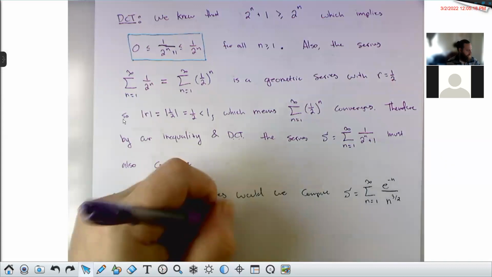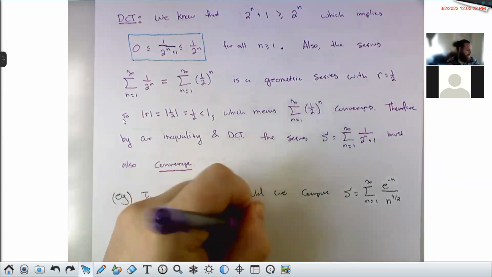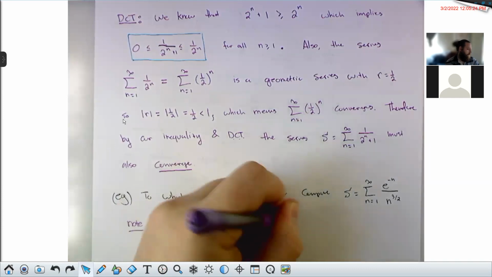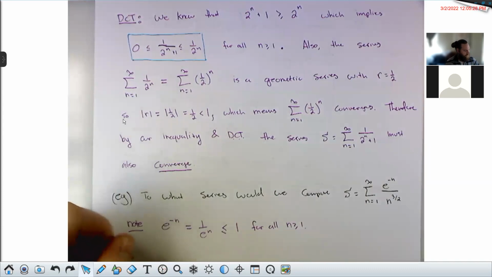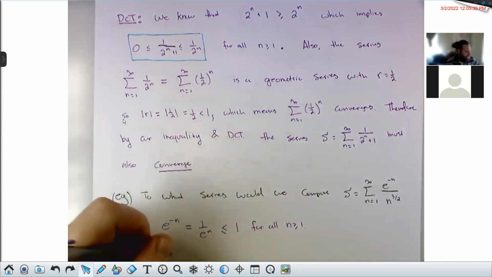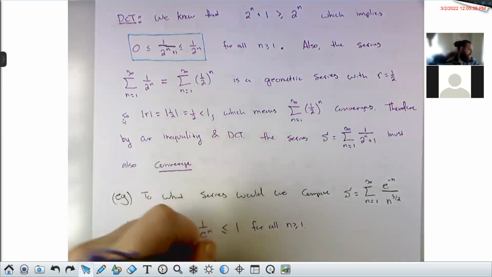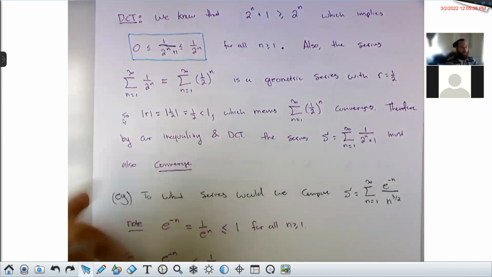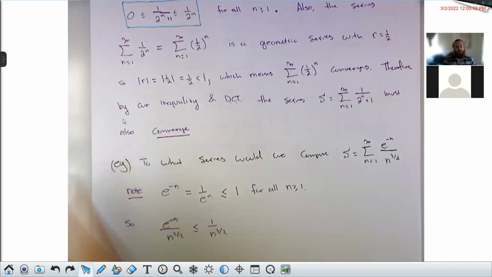And it's definitely smaller than 1 for all n greater than or equal to 1. So e to the negative n over n to the 3/2 would be less than or equal to 1 over n to the 3/2. So we could do a comparison here against this P-series, sigma 1 over n to the 3/2.